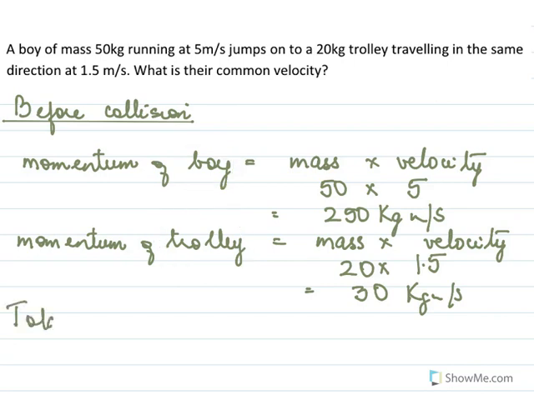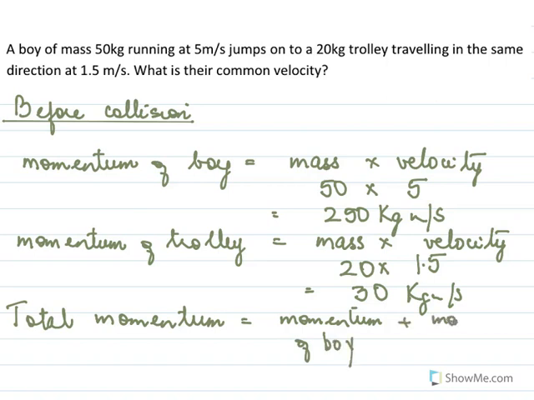So total momentum equal to momentum of boy plus momentum of trolley. So of boy is 250, of trolley is 30, so total momentum is 280 kg meter per second.